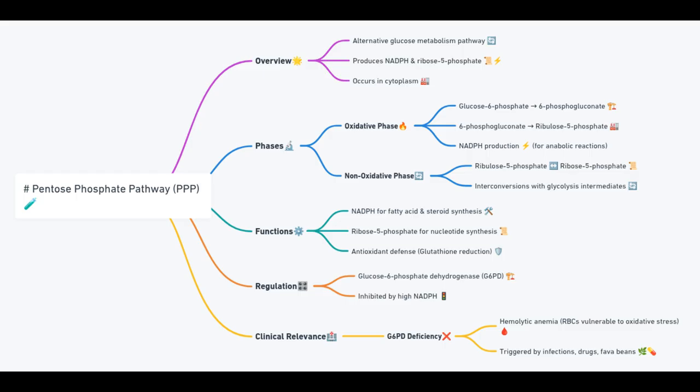The enzyme ribulose 5-phosphate epimerase changes the configuration of the hydroxyl group at carbon number 3 and converts ribulose 5-phosphate to xylulose 5-phosphate. That is part of the non-oxidative stage of the pentose phosphate pathway.